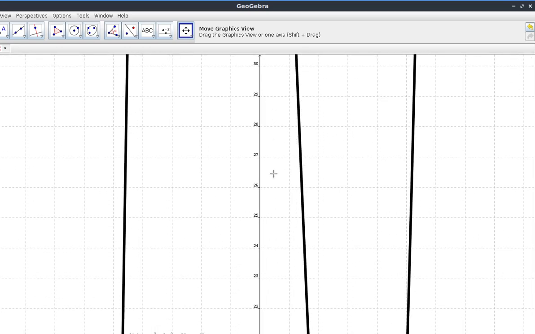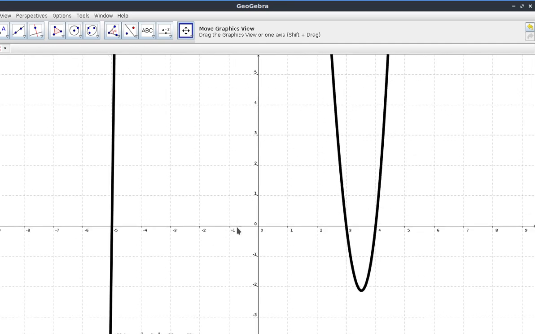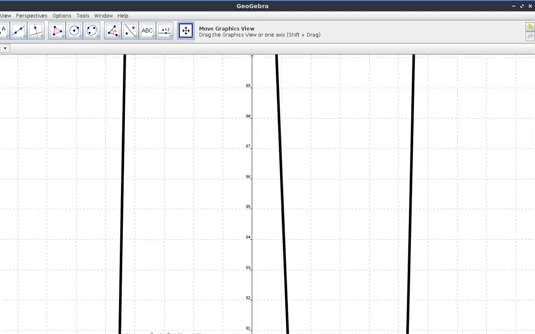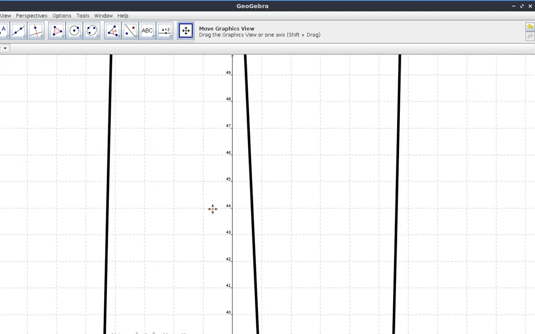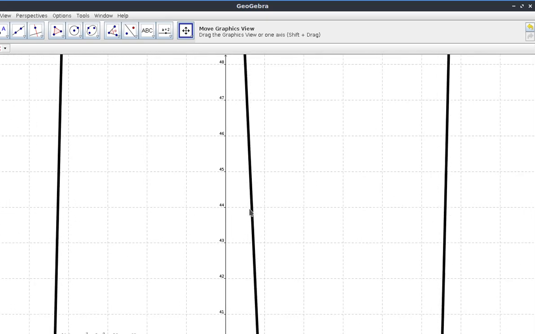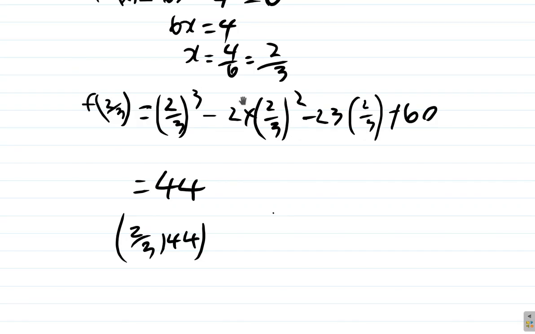So 2/3 would be where? Alright, it's kind of close to 1. And we have 44. Yeah, it's positive 2/3, 44, which would be at this point here. 2/3, 44, the point of inflection.